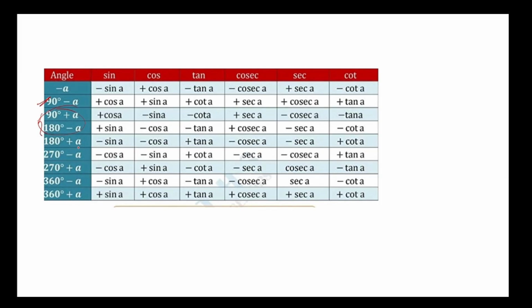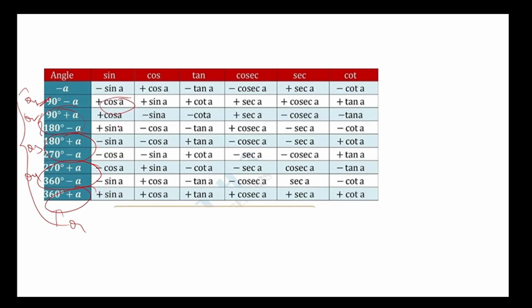And what happens for all six trigonometric ratios? If it is 180 plus theta or 270 minus theta, it is quadrant 3. 270 plus theta or 360 minus theta is quadrant 4. 360 plus theta is again in quadrant 1. So 90 minus theta is also quadrant 1, and 360 plus theta is also in quadrant 1.